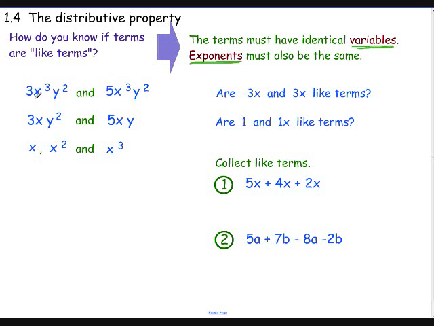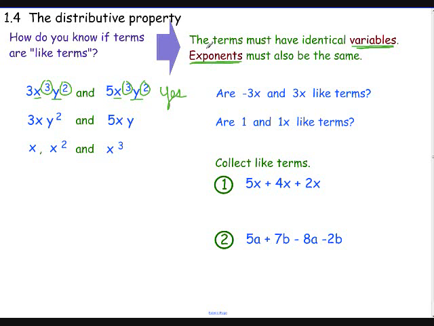The variables in this expression are x and y, and in this one are also x and y. Do the exponents match? Okay, for x, they've got a 3 in both cases, so that's good. For y, they match too, so yes, these are like terms. Are you wondering about the 3 and the 5?